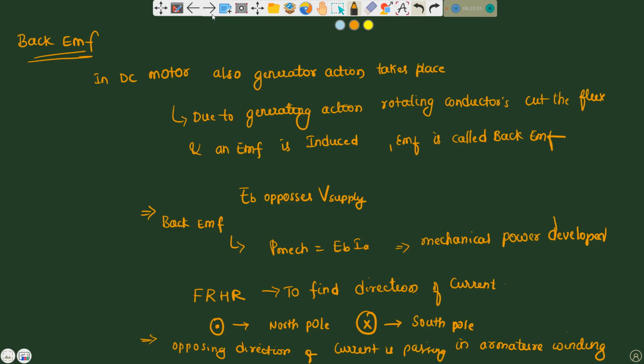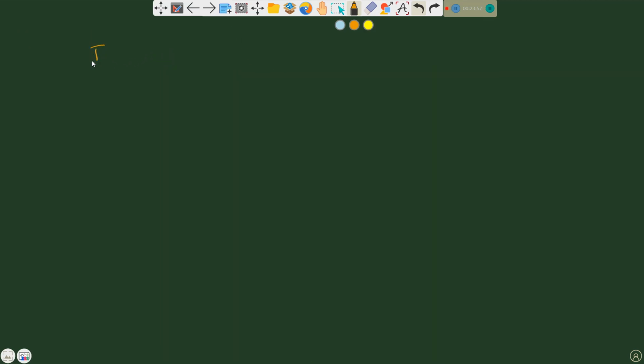So if this happens in a DC motor, V will be equal to EB plus Ia Ra. What is this V? Supply voltage. In every motor there will be a generating action.